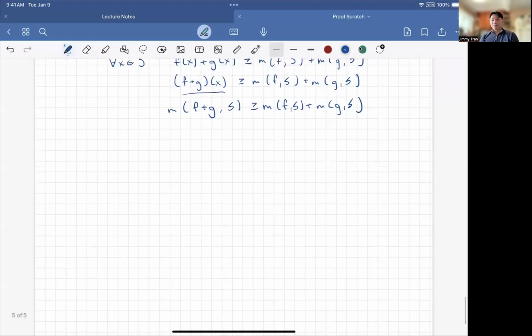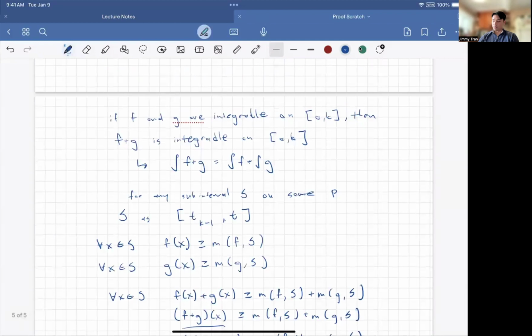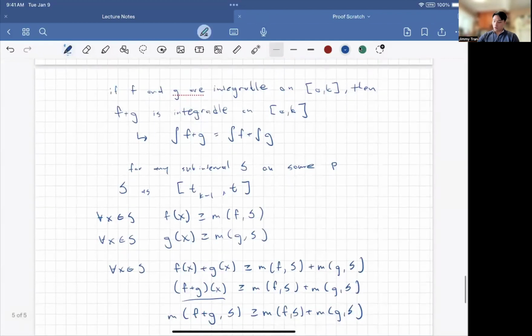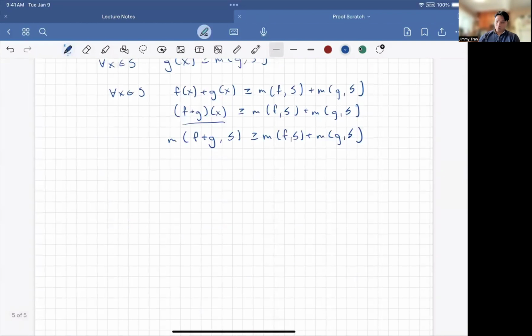The next step now is to multiply both sides of these inequalities by the length of S. And before, we defined the subinterval S to be the closed interval from t_{k-1} to t_k here. And so when we multiply both sides, we get the infimum of f plus g over S times the interval.